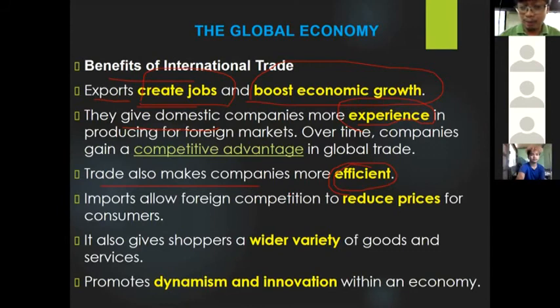Meaning, makakatipid ako sa shipping ng mga produkto na supposedly manggagaling lahat sa Pilipinas and then i-distribute sa buong region. In terms of efficiency, makakatipid tayo.